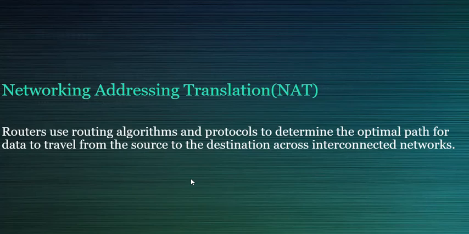NAT is the protocol that addresses the issue of private IP addresses. Normally, private IP addresses are not routable on the network. How can we solve that problem associated with private IP addresses?